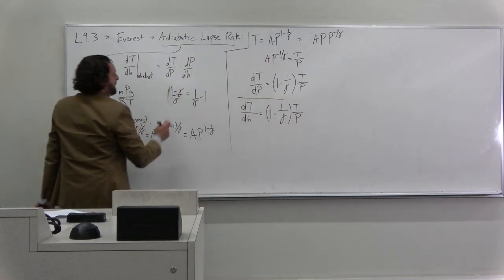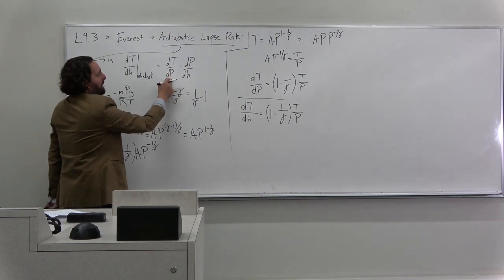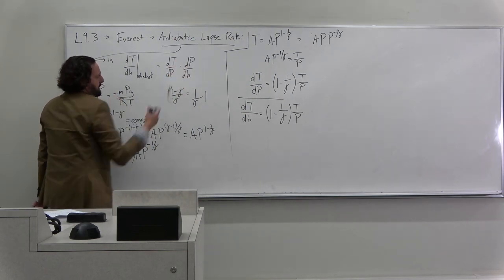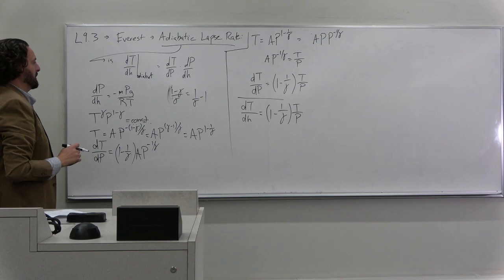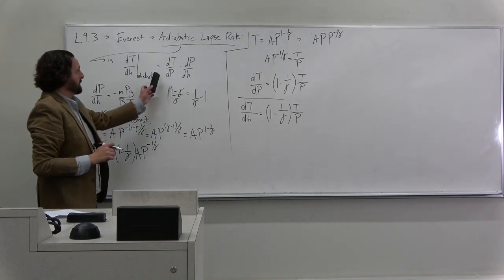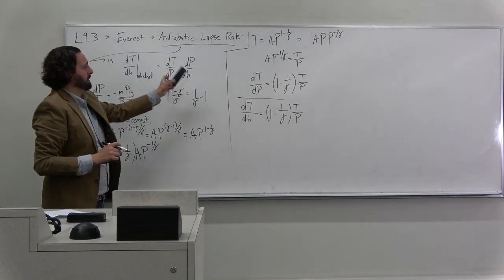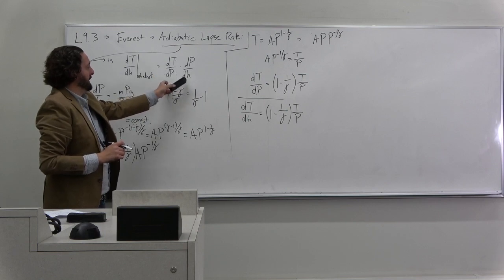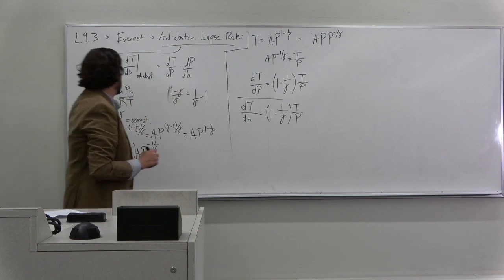So you can basically think of dP as 1, so when we did this step, we just multiplied by 1. So we calculated dT/dP, and we calculate dP/dH here, so let's put that in.